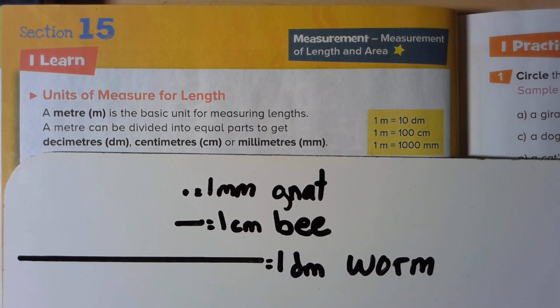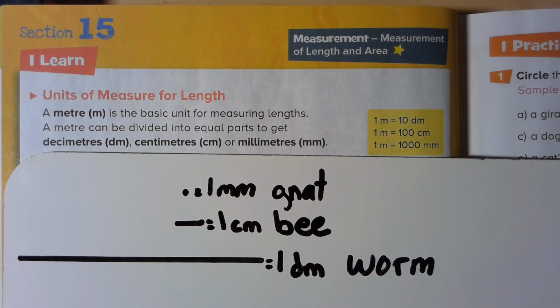Okay, how about the height of a door. What unit of measurement would you use for how tall a door is? Well, it's taller than me. So I'm going to go with a meter. Yeah, definitely a meter.